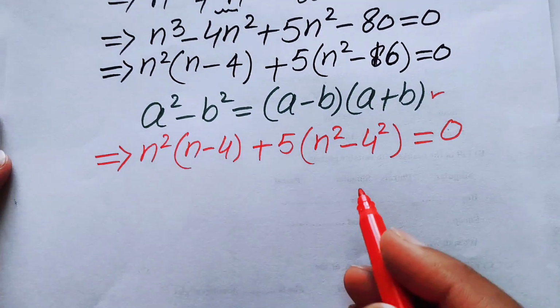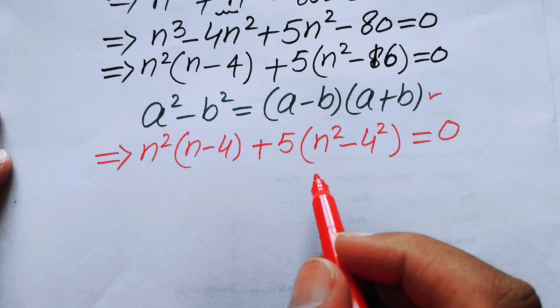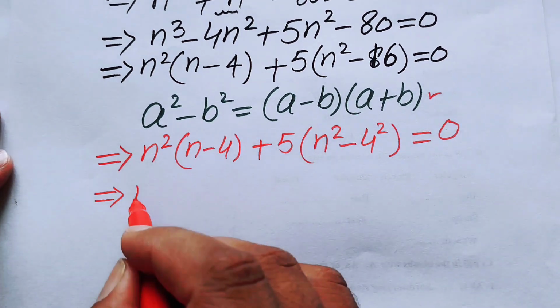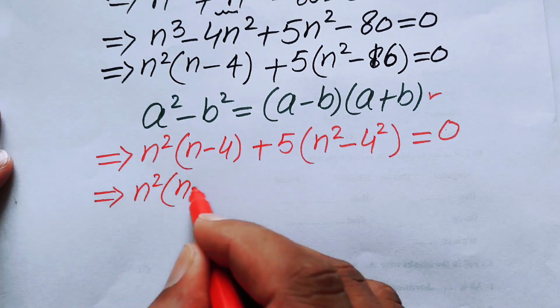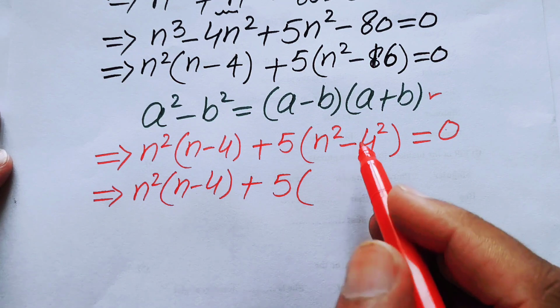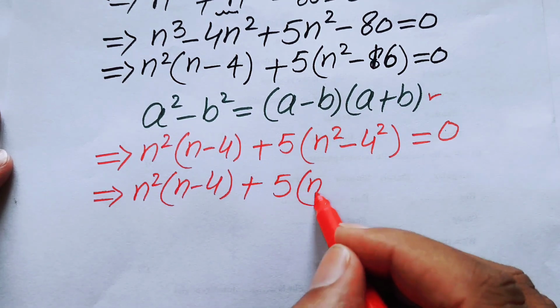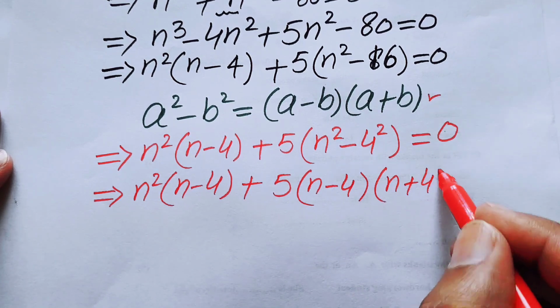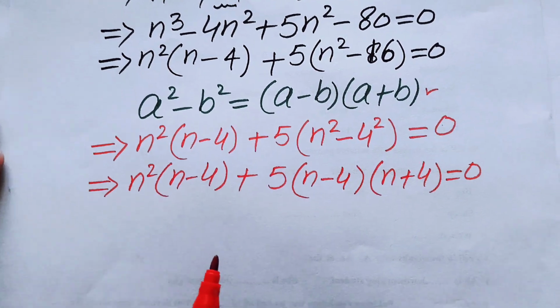And now this factor becomes in the formula form, so that we can apply this formula, and you get n squared into n minus 4 plus 5 times n minus 4 times n plus 4 is equal to 0.